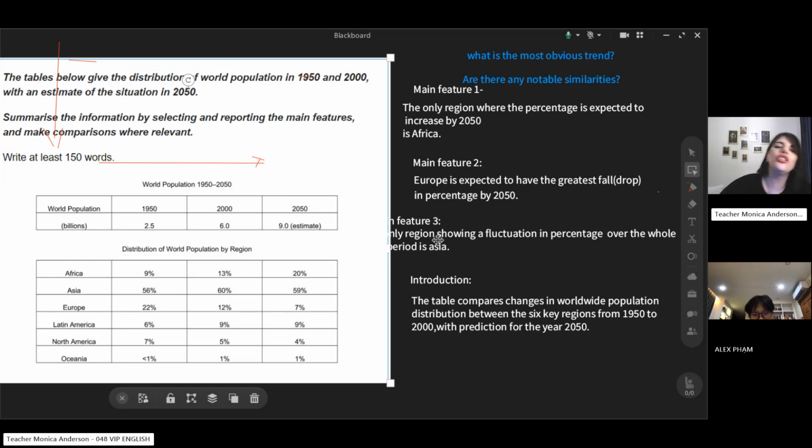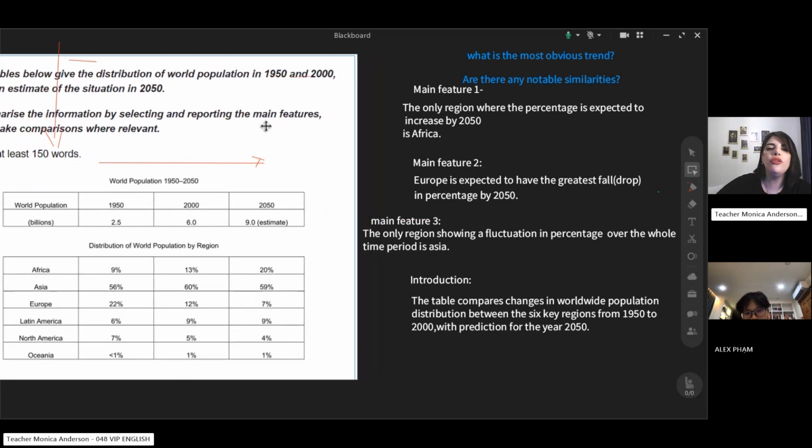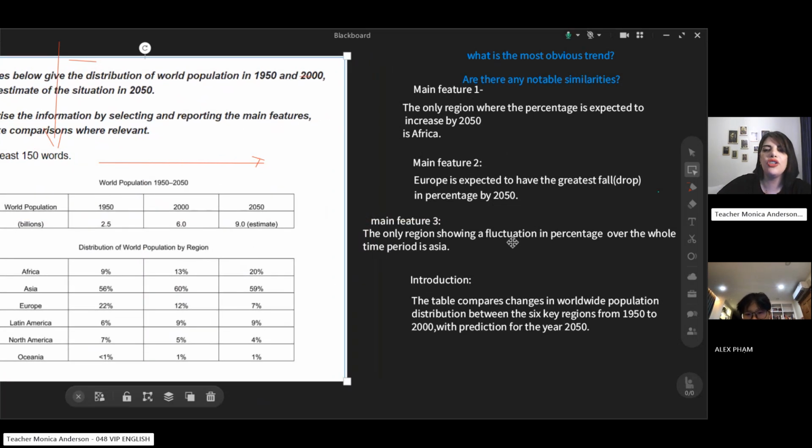So could you say again, please, your overview according to the main features?